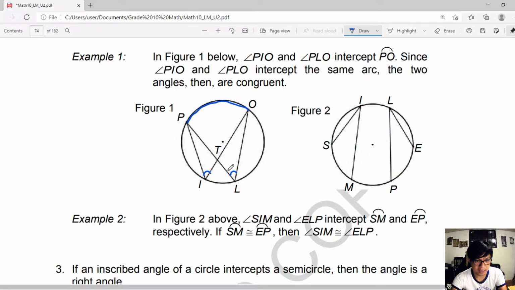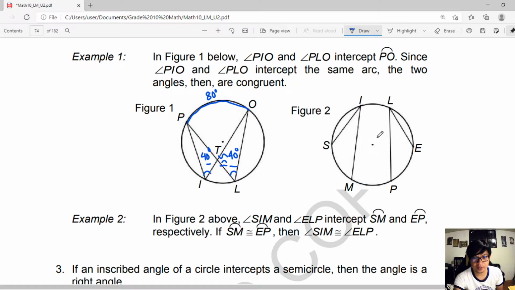Ibig sabihin, since they have common intercepted arc, itong angle na to, pati ito, they are congruent. No? Halimbawa, ang measure ng intercepted arc natin, palagay natin 80 degrees. Ibig sabihin, intercepted arc man yan siya ng angle na to, ibig sabihin, ang measure nito is 40, ang measure nito is 40. Kasi common man yung intercepted arc nila.